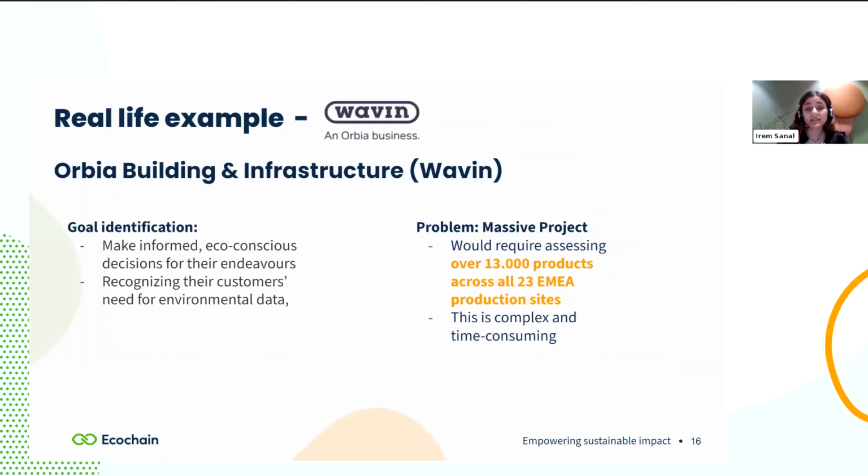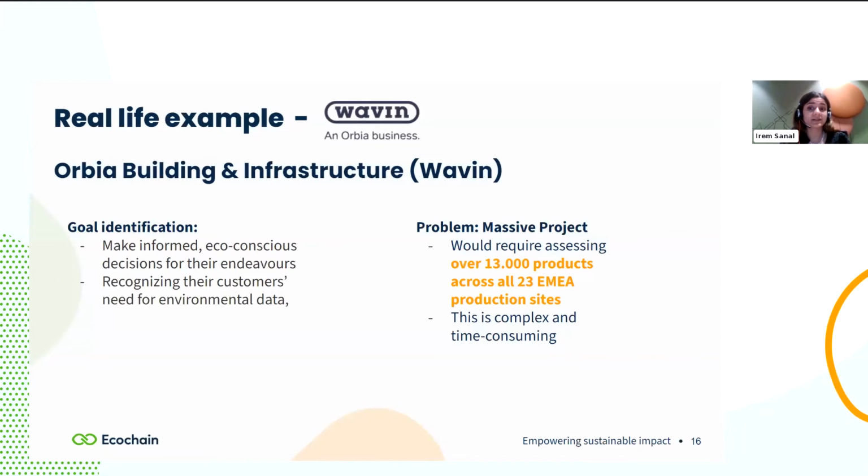Wabin is one of the sector leaders for building materials. As you may know, the building material sector is really emissive, so there are extra regulations on them. Regulations say that they need to give scientifically backed environmental data on their products, so they need to conduct environmental assessments on their products.